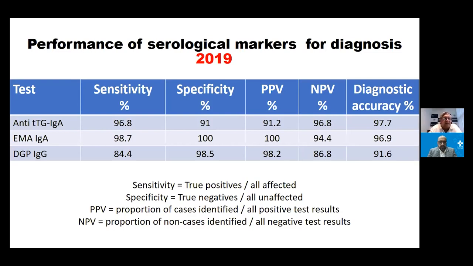It is equivalent to EMA, which, as I said, requires a fluorescent microscope and a trained person to read, so that there's a little bit of subjectivity in the diagnosis. So anti-TTG and EMA IgA, both IgA would be equally good. If a person has immunodeficiency of IgA, then DGP IgG would give you good accuracy.